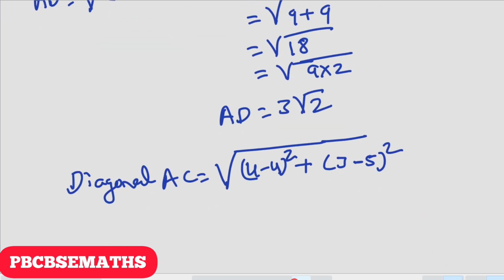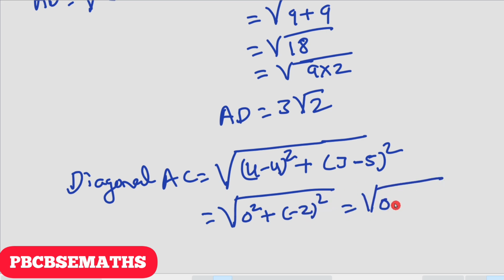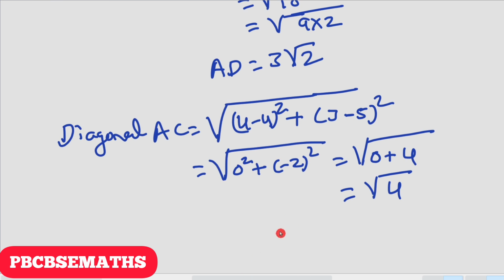By simplifying this, 4 minus 4 is 0 square, plus 3 minus 5, which is minus 2 whole square, which gives us 0 plus 4, which is equal to square root of 4. So the value of AC is 2 units.